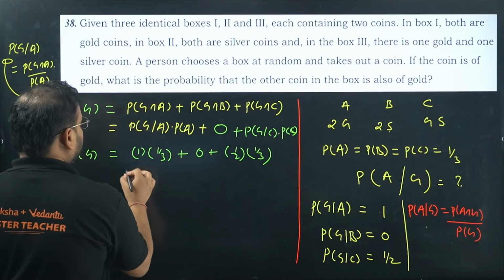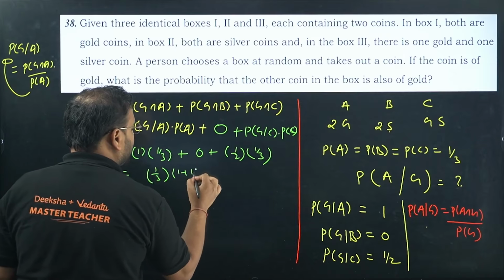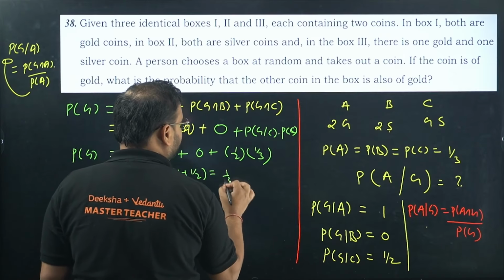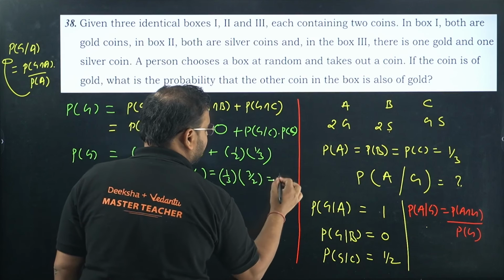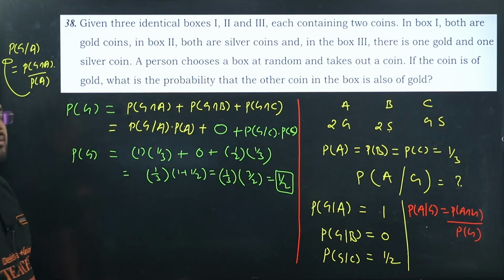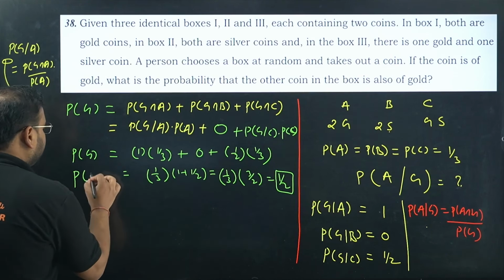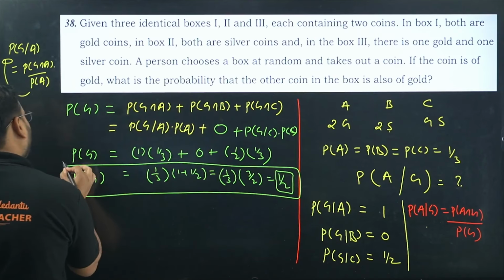So I can take 1 by 3 common, and I'll have here 1 plus 1 by 2. So 1 by 3 into 3 by 2. I get the value as 1 by 2. This is your total probability of getting a gold from all the 3 boxes.